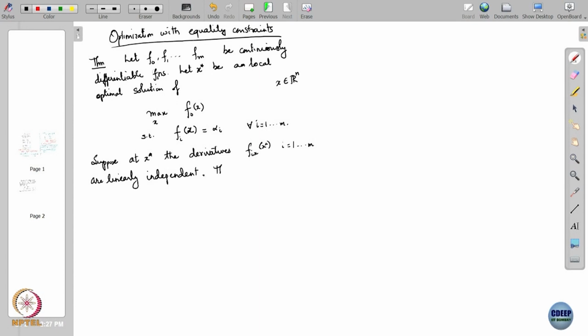Then there exists a vector lambda star, and let us write this as a column vector: lambda 1 star through lambda m star.